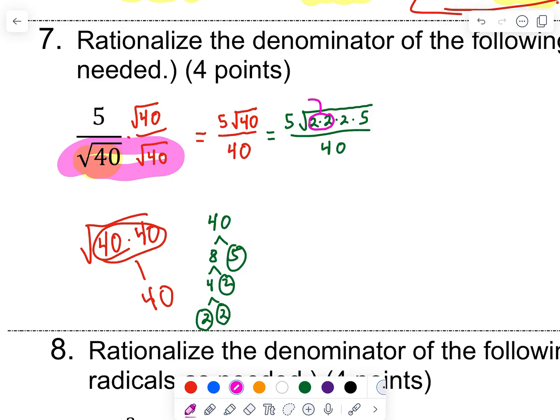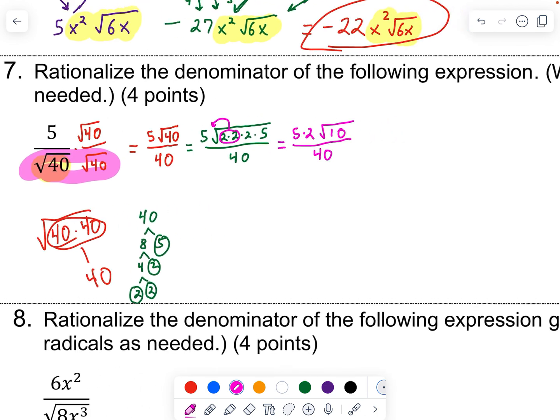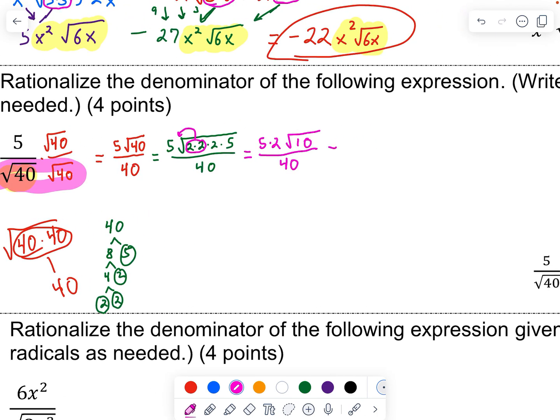So the 2 is going to come outside the square root as just one of those. I'll go ahead and write that. 5 times 2, and then left inside the square root is 10 over 40. 5 times 2 is 10. Square root of 10 over 40.